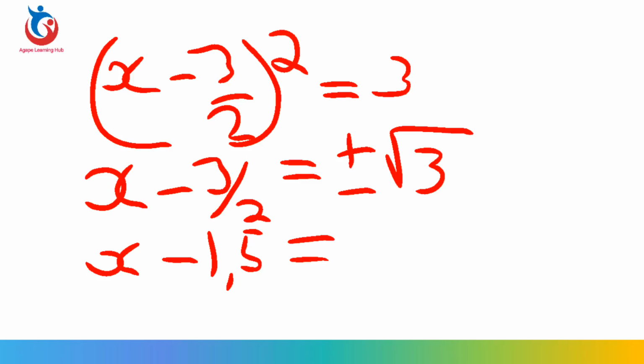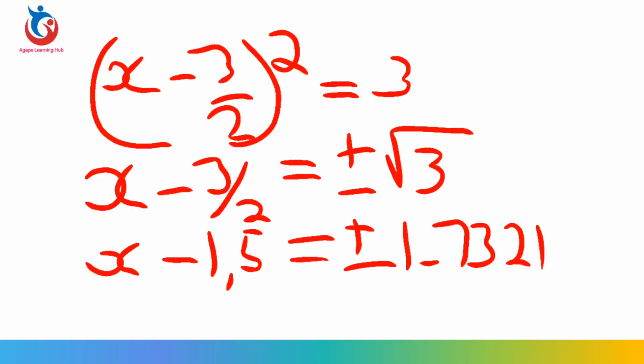The square root of 3 is plus or minus 1.7321.